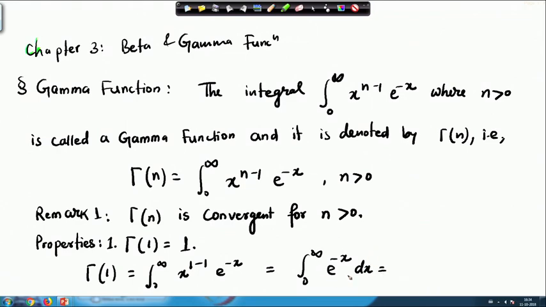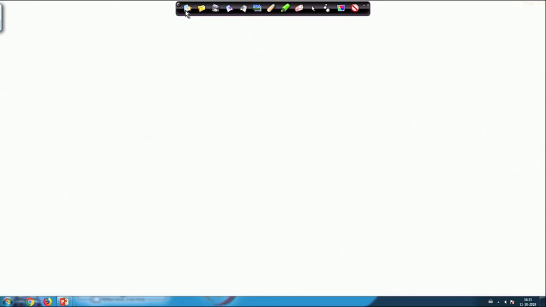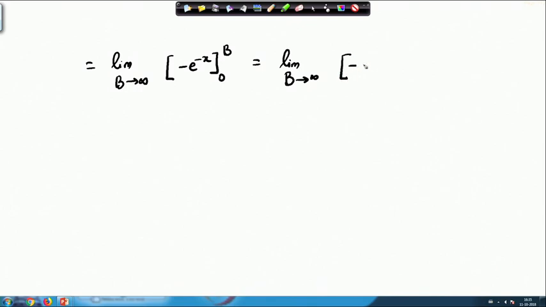Now, this is a classic example of an improper integral. So, we can write it as the limit as b goes to infinity of the integral from 0 to b of e to the power minus x dx. After integration, we obtain the limit as b goes to infinity of minus e to the power minus x from 0 to b, which is e to the power minus b plus e to the power 0.